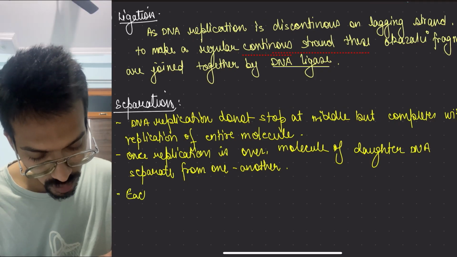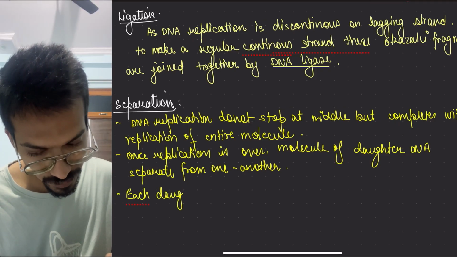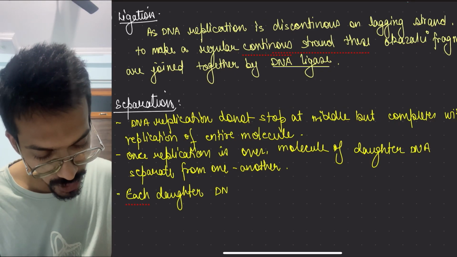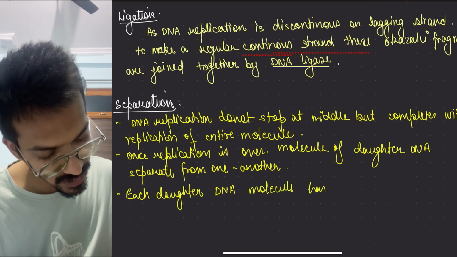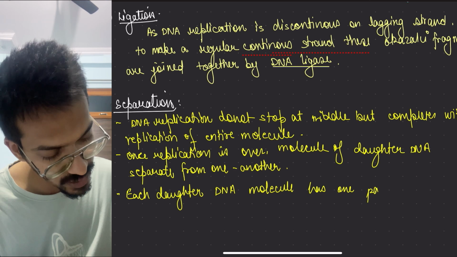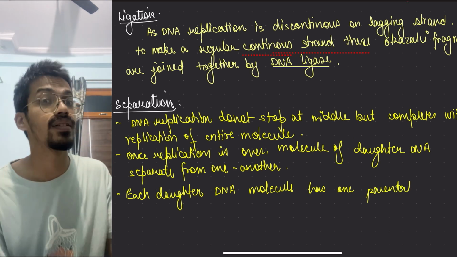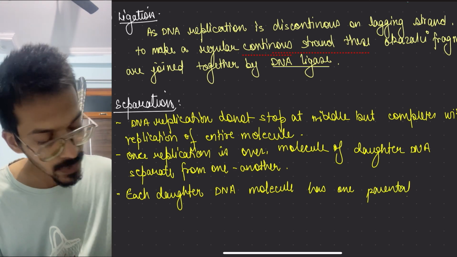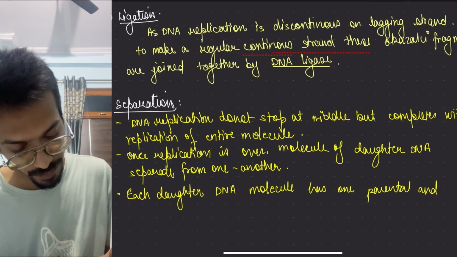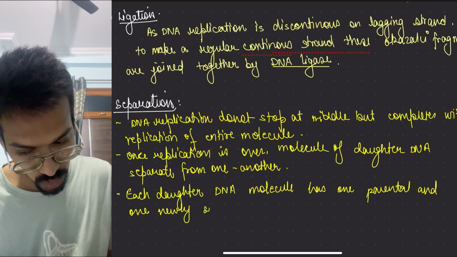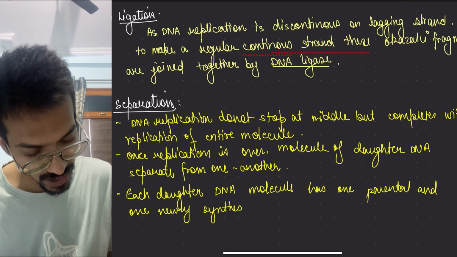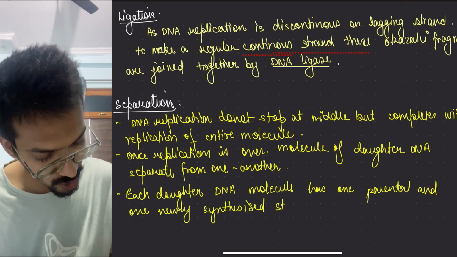So each daughter DNA molecule has one parental and one newly synthesized strand, and this is telling us about the semi-conservative nature, right?